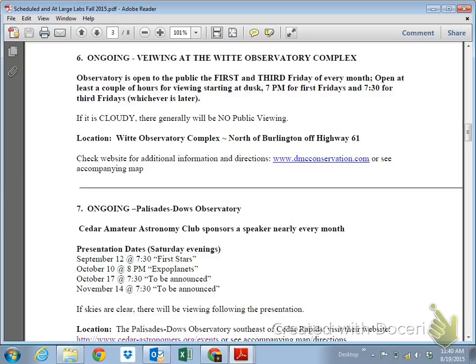And then the other one is another observatory complex that the Cedar Rapids Astronomy Club runs, and it is actually north of Iowa City. So it's almost all the way to Cedar Rapids. So I would Google it. I gave a website here for you to go to if you're interested in that.